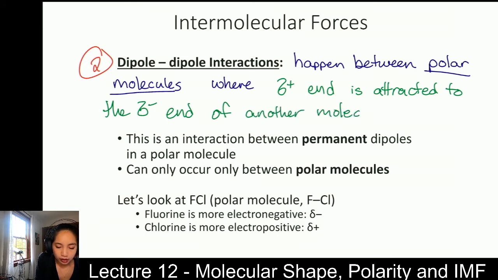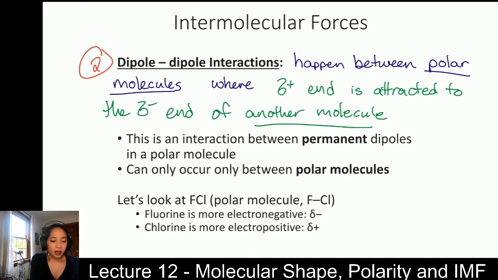That's a super important part of this definition, because this dipole-dipole interaction is between different molecules of the same sample. Like if we talk about water, it's how one water molecule is interacting with a dipole of another water molecule.